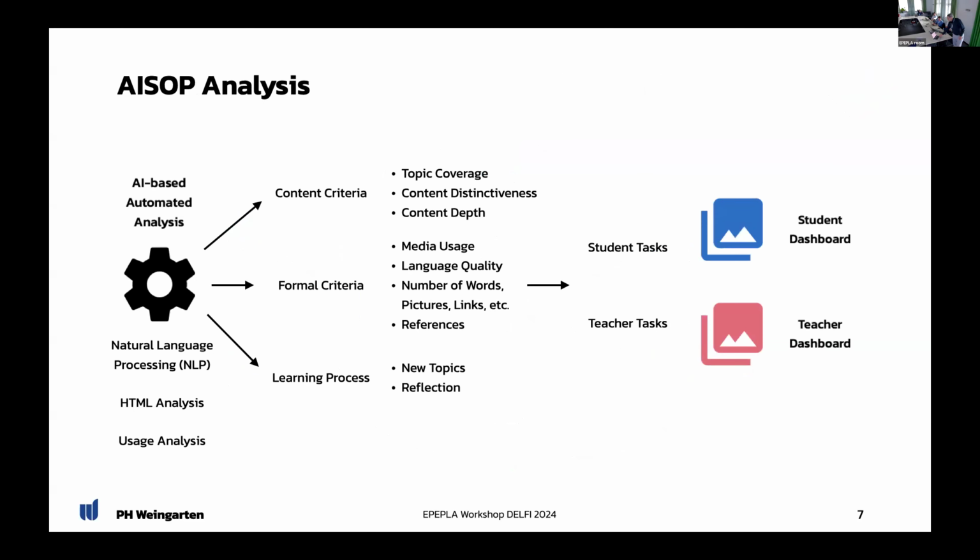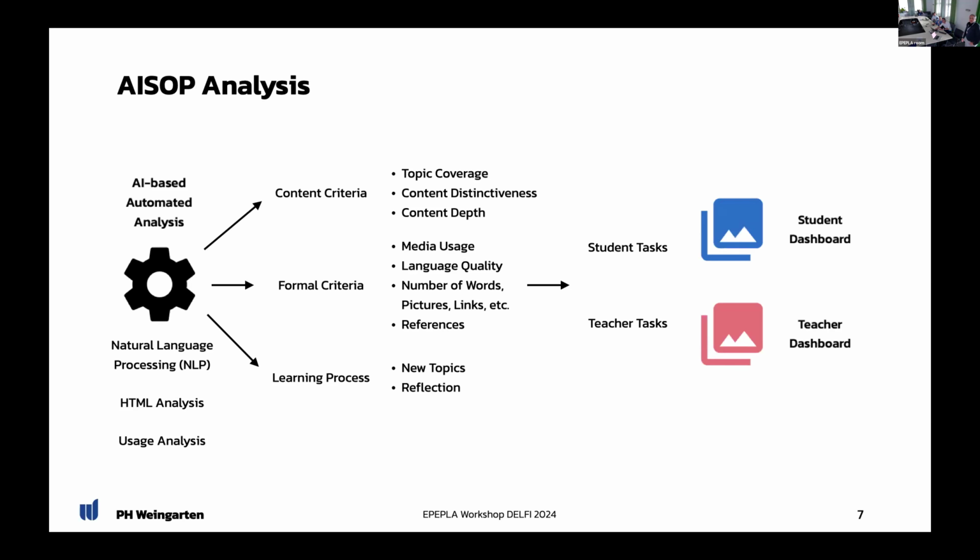The core of the analysis is for us natural language processing. We also have HTML analysis and usage analysis. These serve different criteria of the rubrics: content, formal criteria, and the learning process.